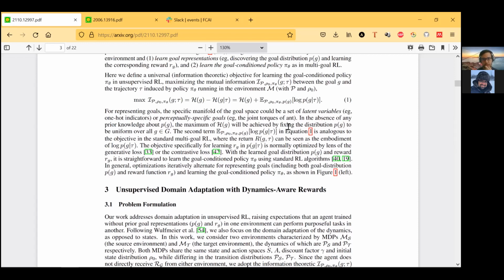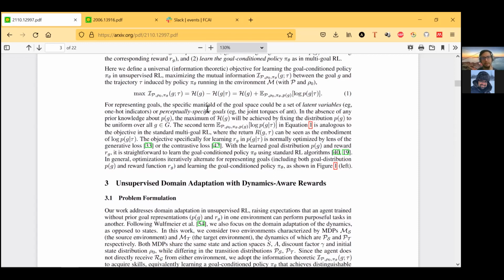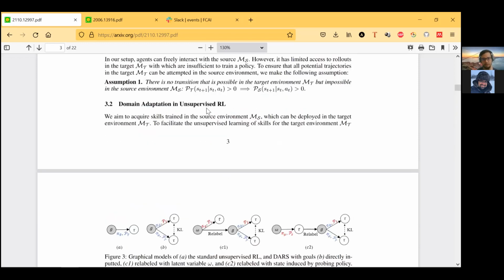It's just some vector in some arbitrary latent space. But in the case where the goal is in the state space, one of the challenges here is how to sample in this state space. How do you sample meaningful goals? And so this is where it starts.